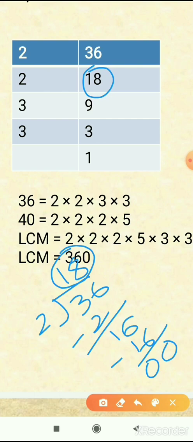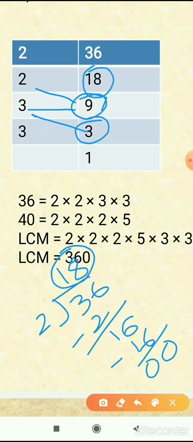Okay. Now 18 is an even number, so it is divisible by 2. 2 9s are 18. So we write 9 as the quotient here. Now 9 is divisible by 3. Okay, so we divide 9 by 3. 3 3s are 9. So we get quotient 3, so we write it here. Then 3 is a prime number.